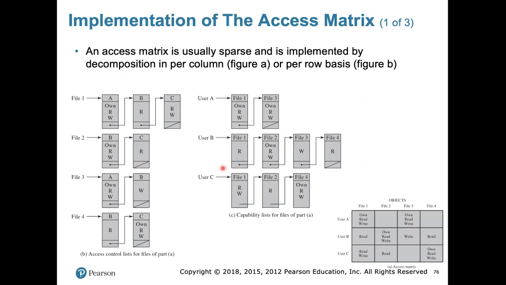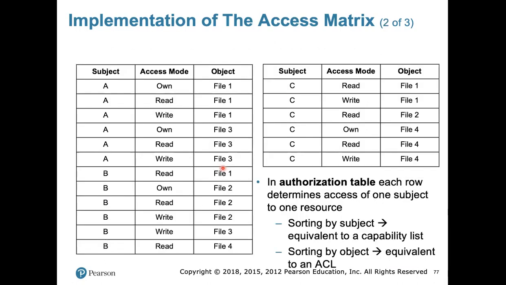The first way is to implement it as a linked list. The second approach is to implement it as a table that again might be sorted based on subject or based on object. It's up to us. Here, it's sorted based on subjects.